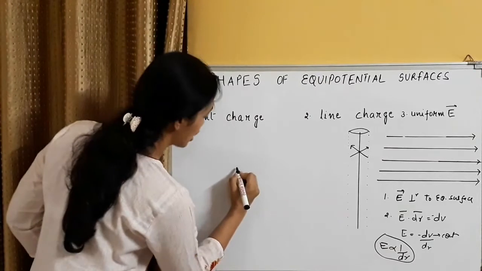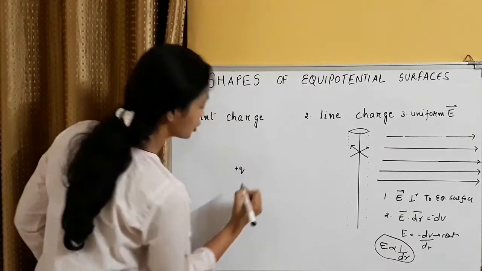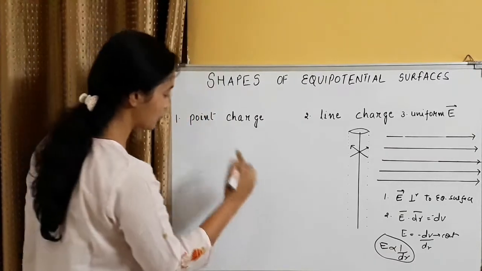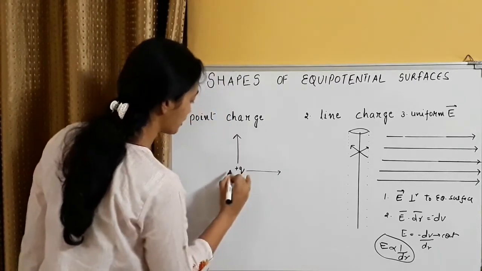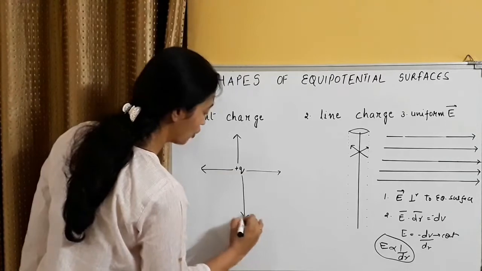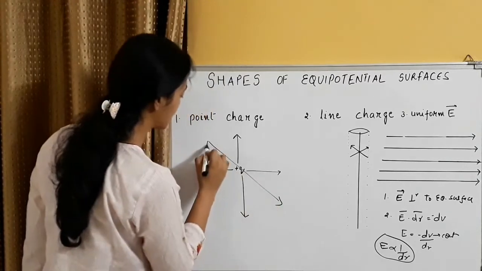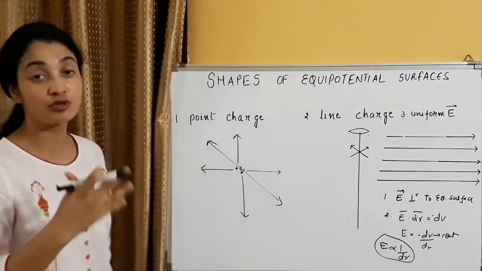First is point charge. Suppose I have a single point charge Q. I have to draw the equipotential surface. First I will draw the electric field lines. I know for a positive charge it is radially outwards, in all directions, three-dimensionally.